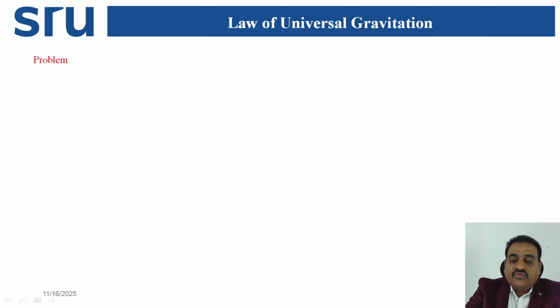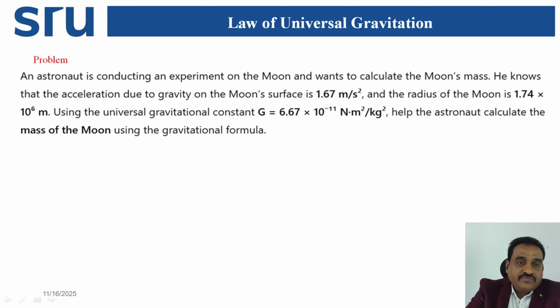So coming to one example problem: an astronaut is conducting an experiment on the moon and wants to calculate the moon's mass. He knows that the acceleration due to gravity on the moon's surface is 1.67 meter per second square, and the radius of the moon is 1.74 × 10^6 meters.